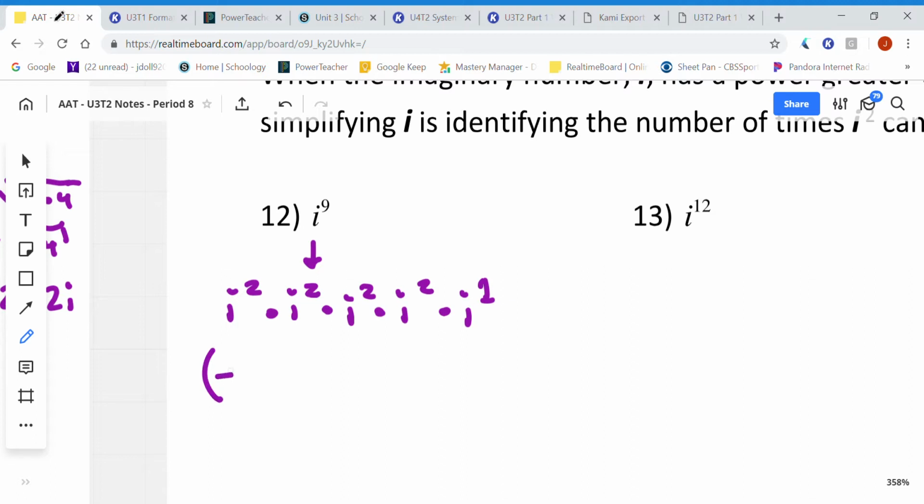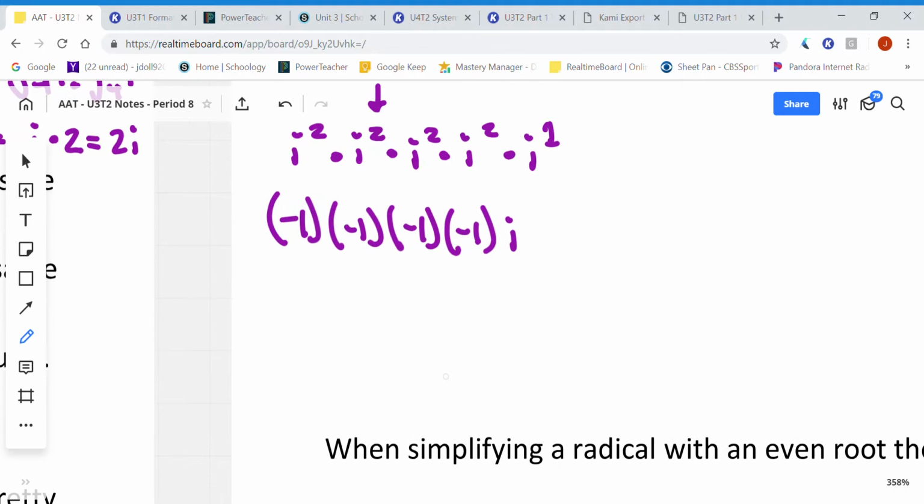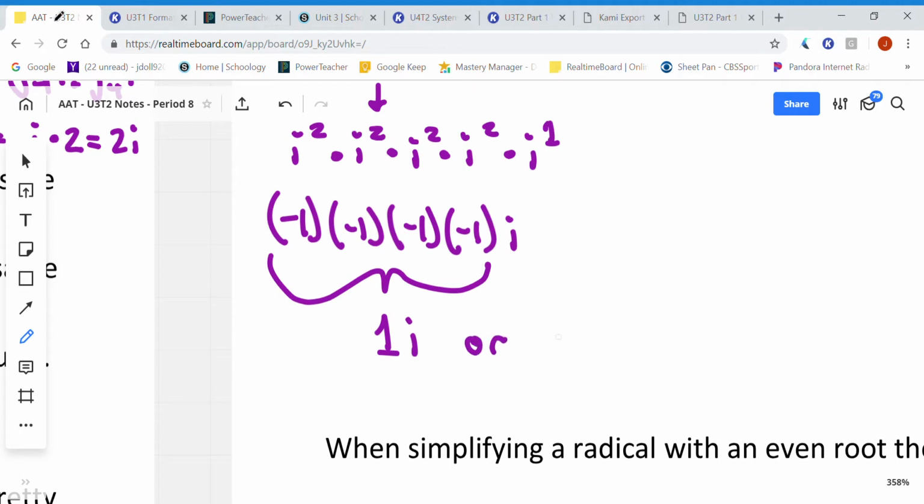Now we talked about i squared being negative 1, this i squared is negative 1, this i squared is negative 1, this i squared is negative 1, and i to the 1st is just i. Well, if I multiply negative 1 times negative 1 times negative 1 times negative 1, all of these negative 1s multiplied together simplify to just 1, so we can just write it as i.